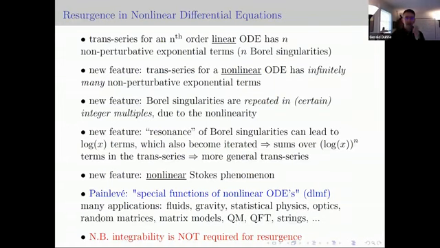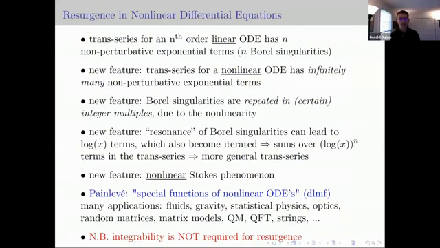And this then generates a much more general form of the trans-series along the lines of what I mentioned at the very beginning of the lecture yesterday, this fact that the trans-series is built out of these three building blocks of inverse powers of x, exponentials in x, and logarithmic terms.